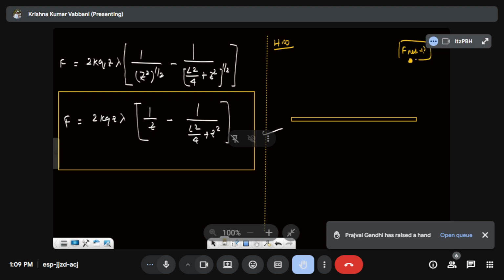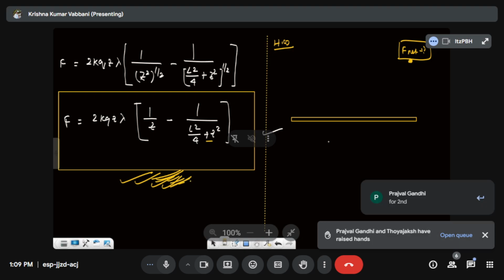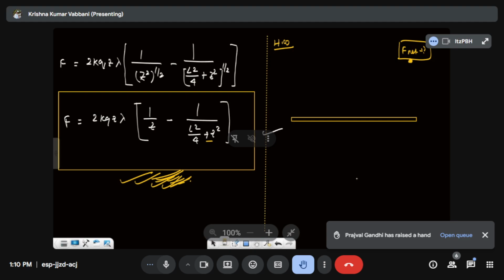Give the formula in this format, not xy components. Give the formula in this component.